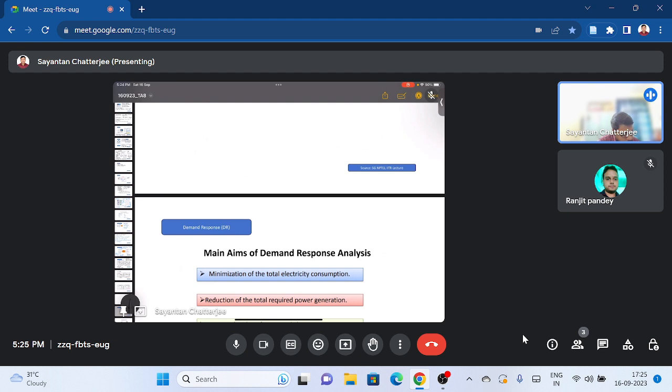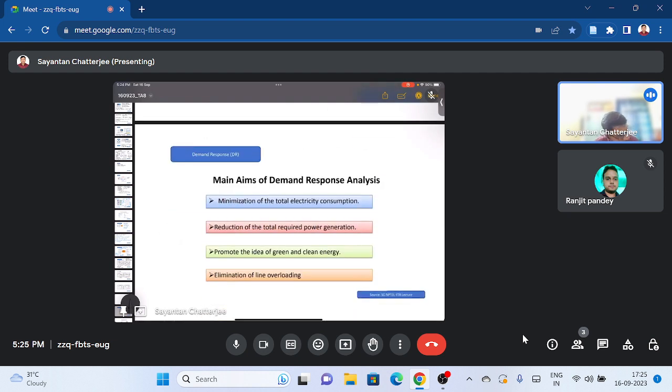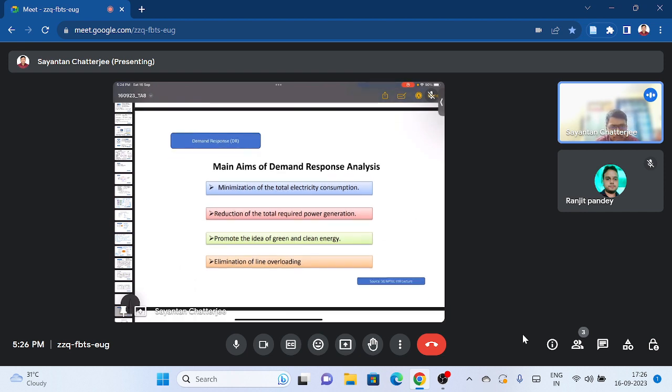Coming to the demand response program, this is mainly demand side management, but the demand response takes into account the customers' idea. Means the customers are also playing a vital role in this demand response, demand side management program. But in the demand response program, it's quite challenging to accommodate the customers' willingness towards participation.